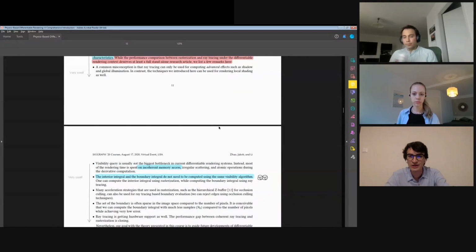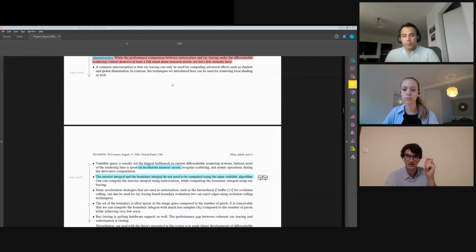I think it's really interesting that something they also say a lot during the course is that everything is an integral. So they really rephrase everything to be an integral. And then one of the core ideas, I think, is the numerical or mathematical techniques that we use to actually solve these integrals numerically, to actually get a pixel value or derivative value.